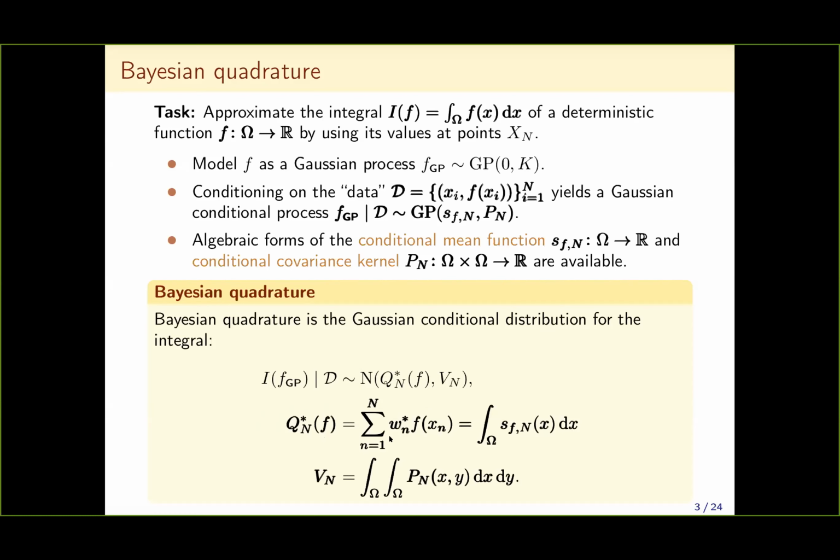These Bayesian quadrature weights W star can be calculated using some simple linear algebra that I'm sure we'll see in later talks of this lesson. In particular, the conditional mean is just the integral of the conditional mean function of the GP. And similarly, the conditional variance of the integral is just a double integral of the conditional covariance kernel.